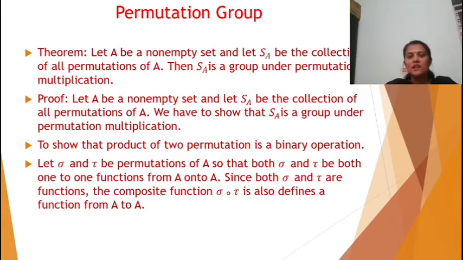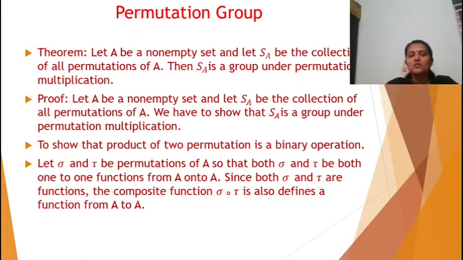So we take two elements sigma and tau, two permutations of A, so both sigma and tau are 1-1 and onto functions. Given that both are functions, sigma tau, the composite of functions, is also a function from A to A.